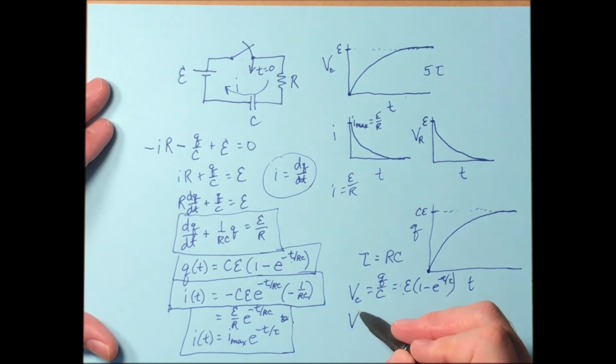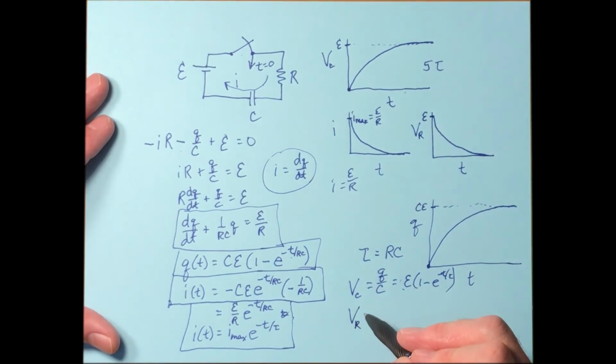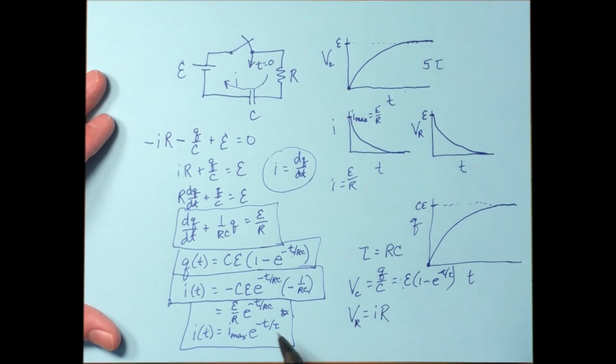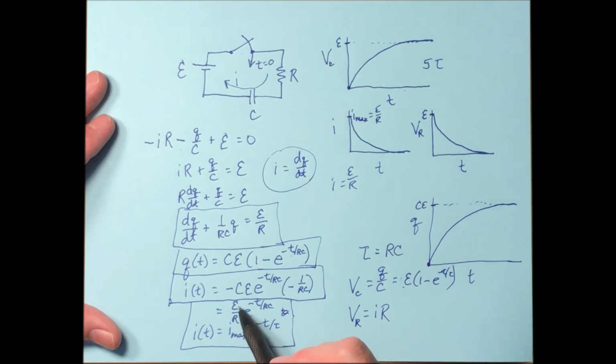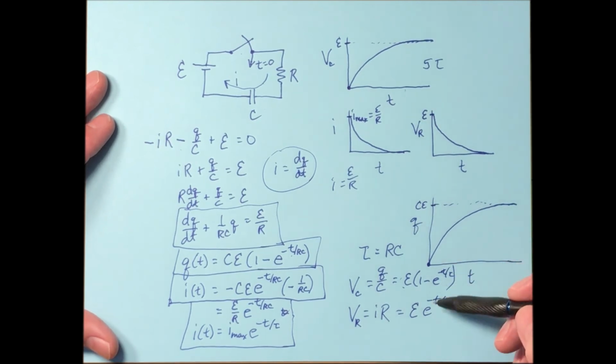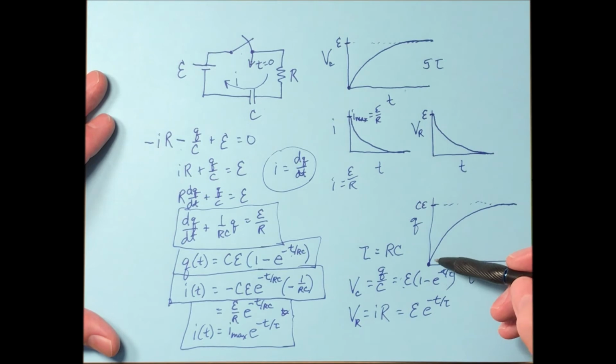Okay, well, what about voltage across the resistor? Voltage across the resistor is just I times R. Well, what's I? I is this right here. So take this, plug it in here for I, multiply by R. You'll see the R's will cancel here. And what am I left with? E times e to the negative t over tau. So while the voltage of the capacitor is rising up and building like that, the voltage across the resistor is decaying.